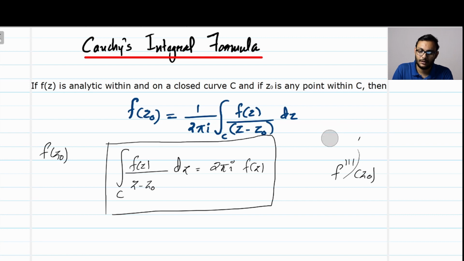Let us find how we can arrive at this kind of general equation. So to find the derivative, this is actually an application for Cauchy's integral formula.